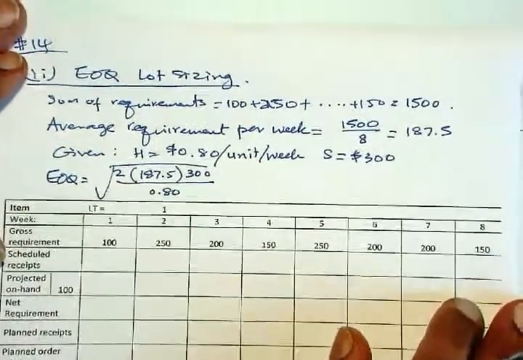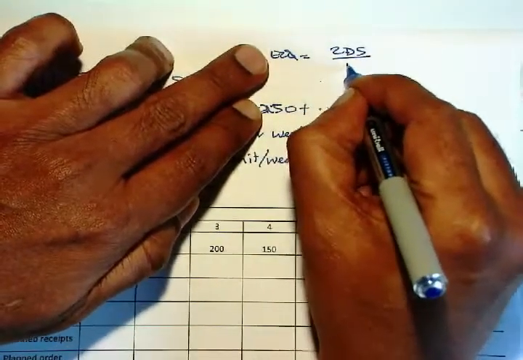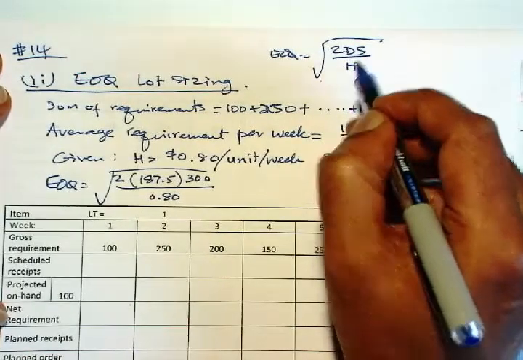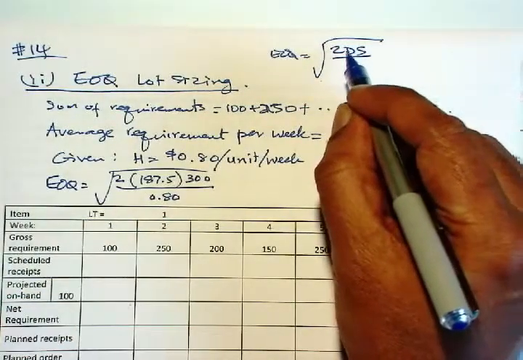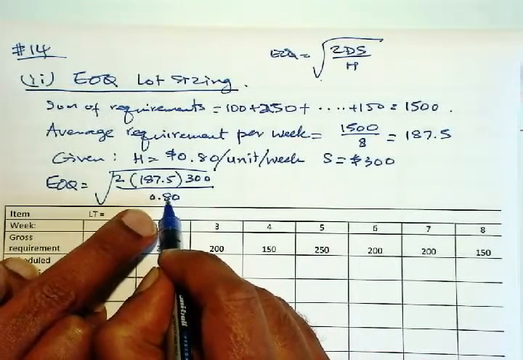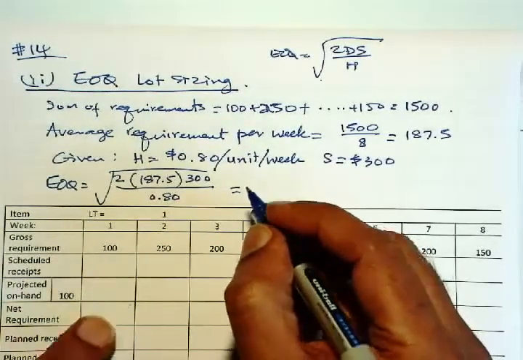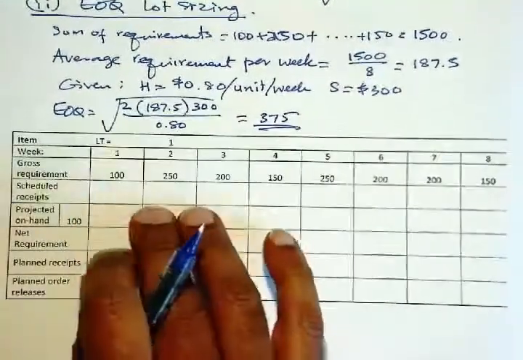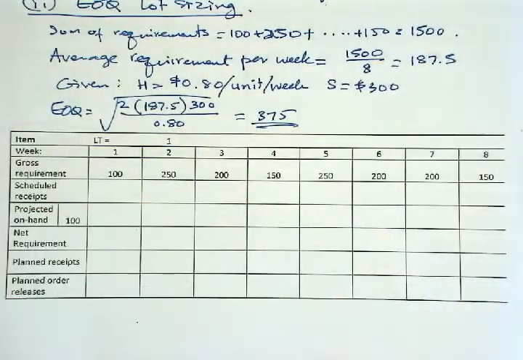Remember the EOQ formula is the square root of 2DS over H. Now this D was annual demand and H was carrying cost for 1 year. But we can replace these two values for any time period we want. So since we are using weekly demand here, we need to use the carrying cost per week in the denominator, and so this is good. And this number rounded comes to 375. So whenever there is a requirement, we have to place an order for 375, not the net requirement.